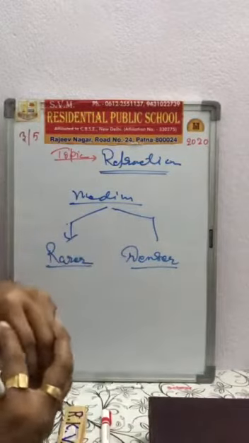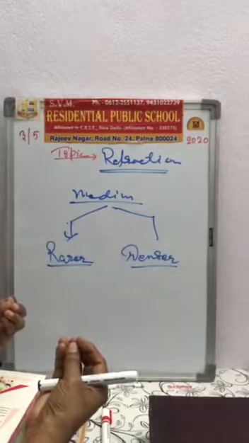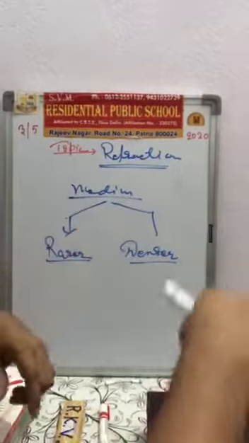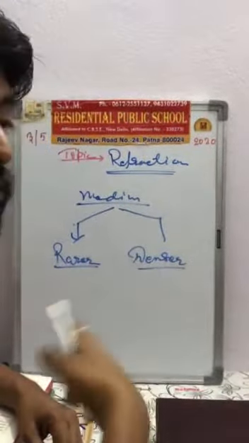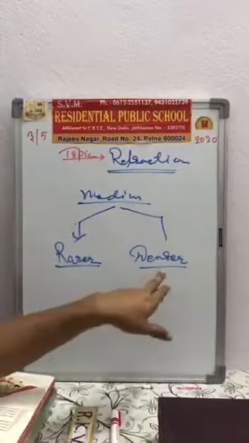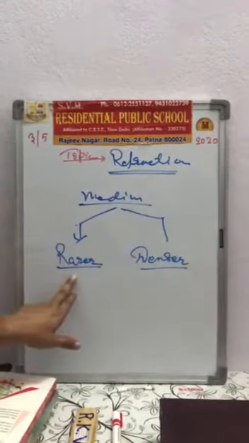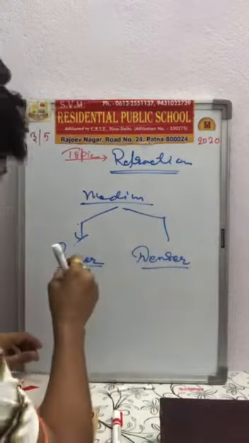If we take mustard oil and coconut oil, the density of mustard oil is more than coconut oil, and the speed of light in mustard oil is lesser than in coconut oil. So mustard oil is taken as the denser medium and coconut oil as the rarer medium.